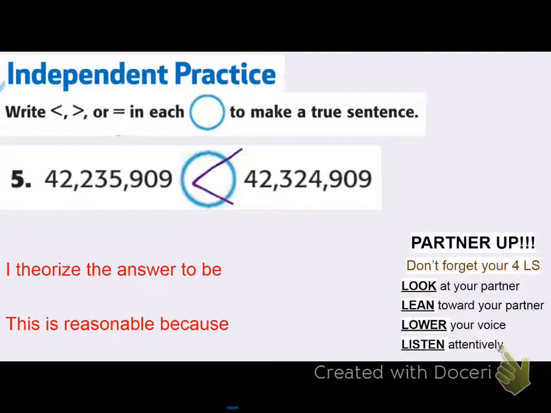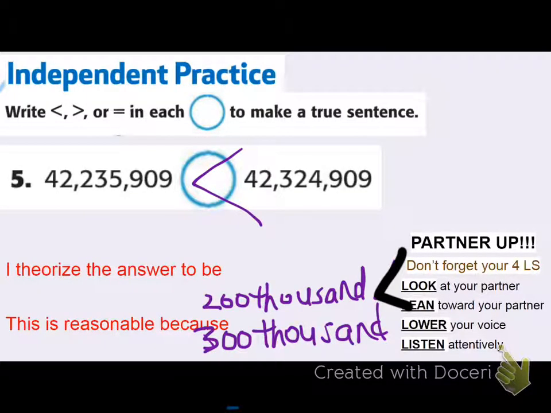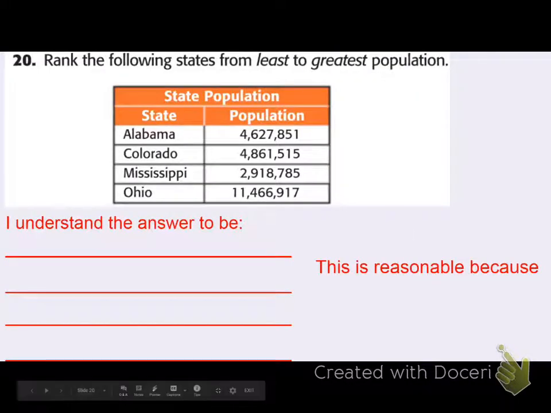It's less than 42,324,909. It's reasonable because 200,000 is less than 300,000. Again, if we look at that individual place value, it'll help us determine if in fact we have the correct answer.